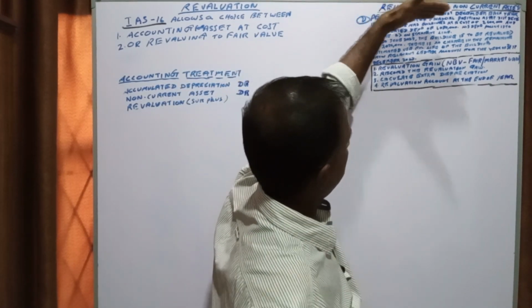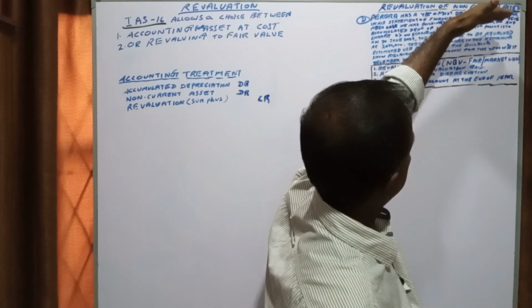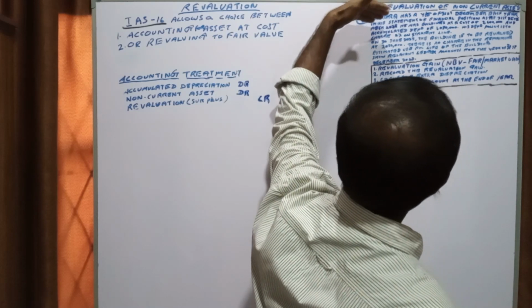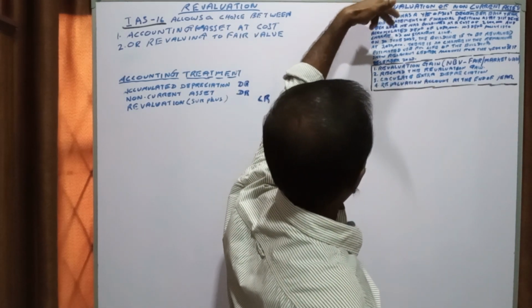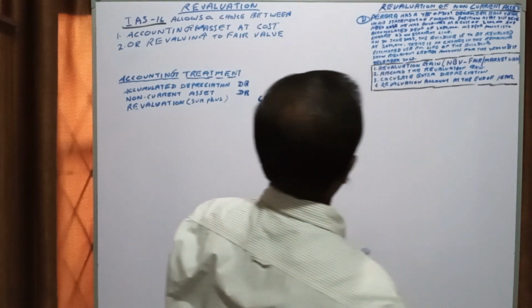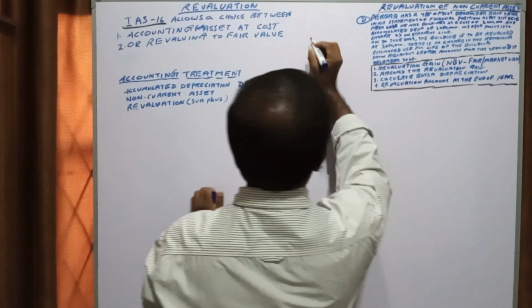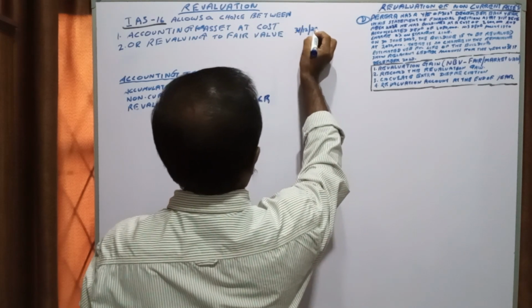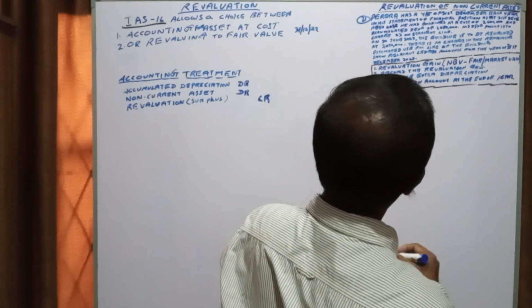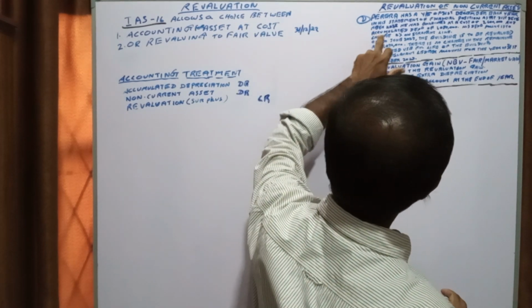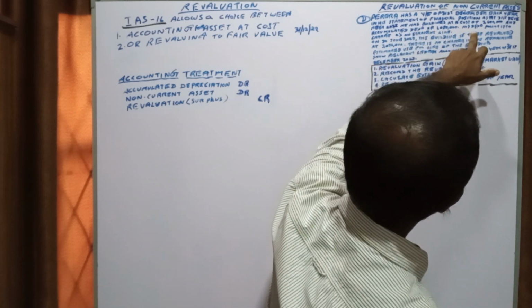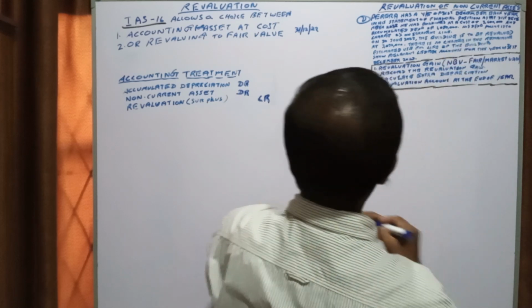In the statement of financial position as at 31st December 2022, he had his buildings shown at cost, the cost of land and building.